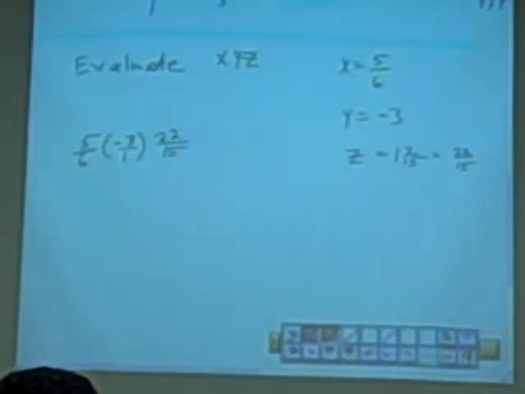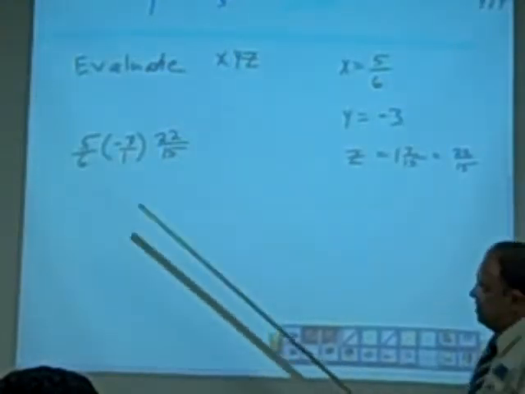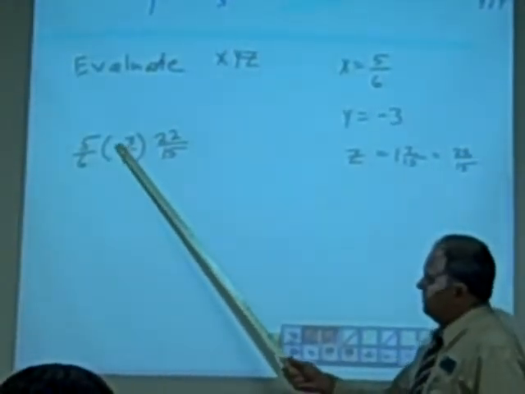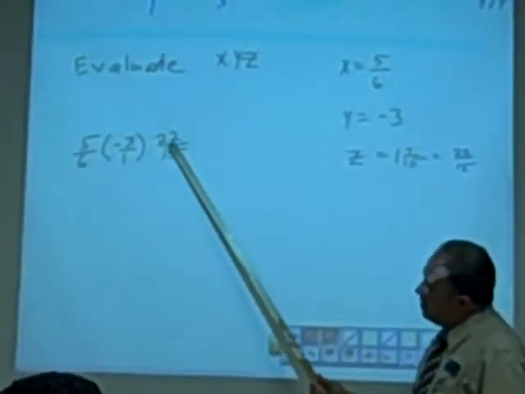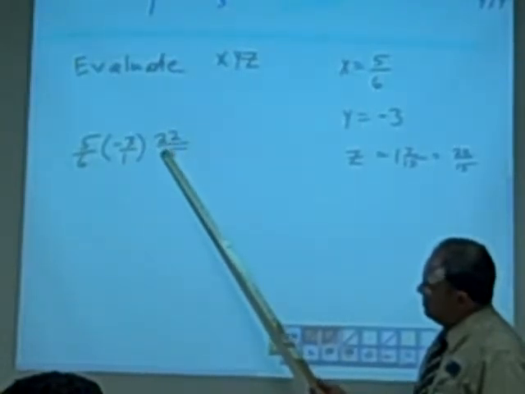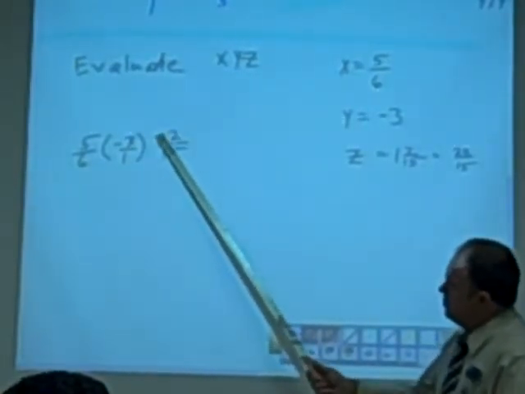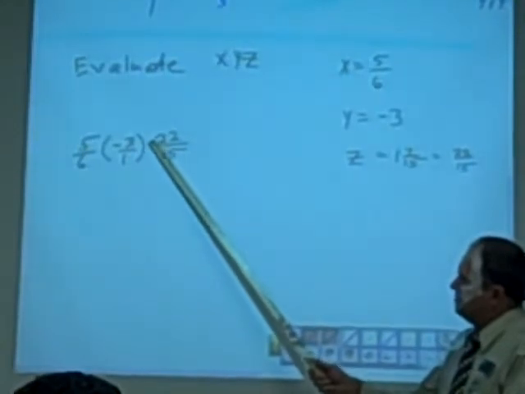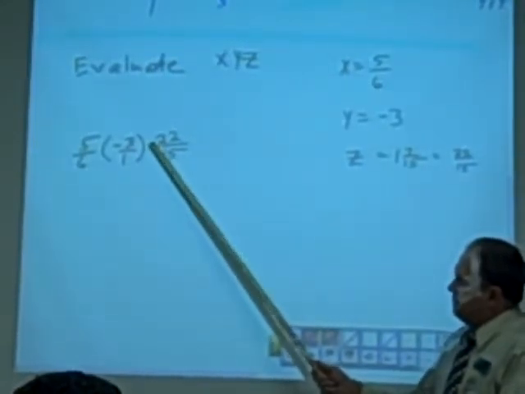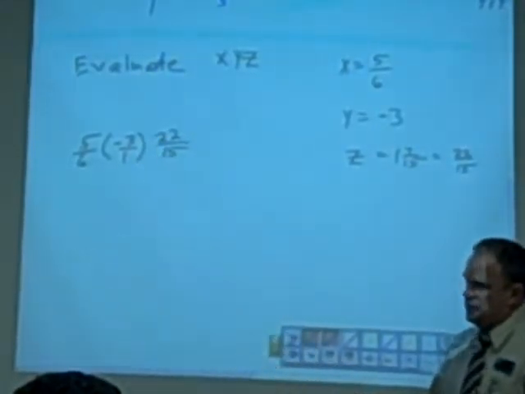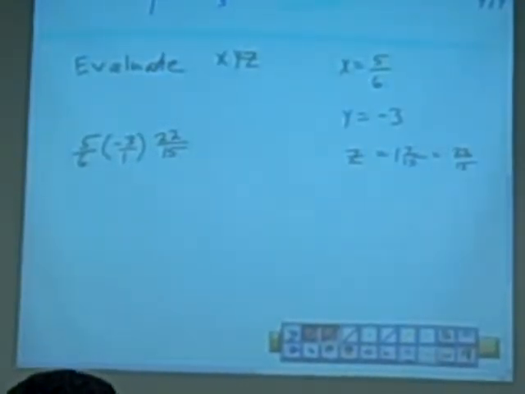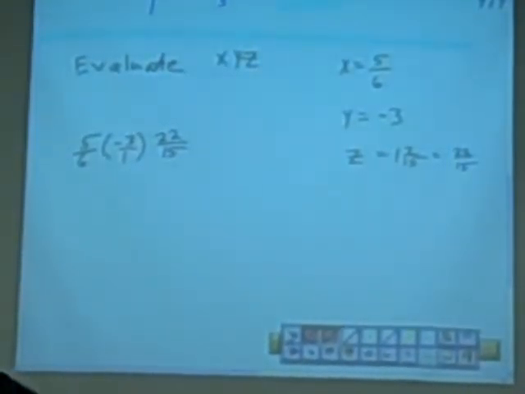Now, notice I only put one set of parentheses because of the negative. You don't have a negative here. If you want to put parentheses there, it's fine. You won't hurt anything. But I didn't put parentheses there because there was no negative here. Because if you had a negative, then it would look like you're subtracting instead of multiplying. So that's why we put parentheses.